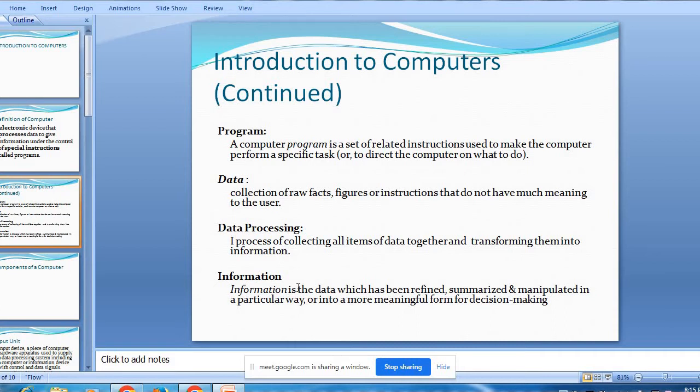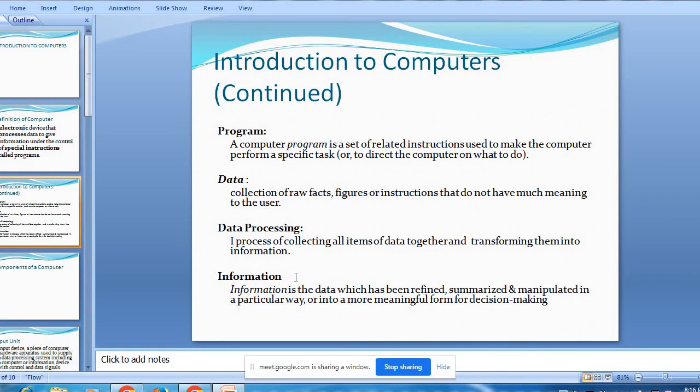Another one is data processing. There's a key term there. Who can read for us what is data processing? Data is a collection of raw facts, figures or instructions that do not have much meaning to the user.